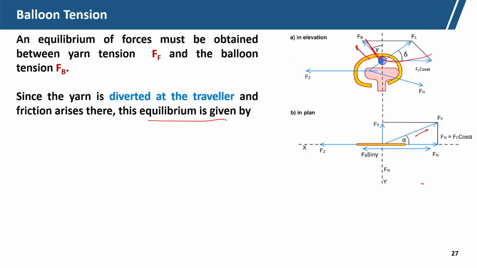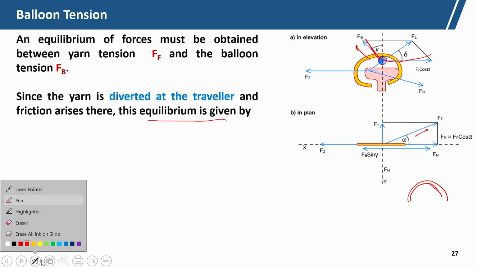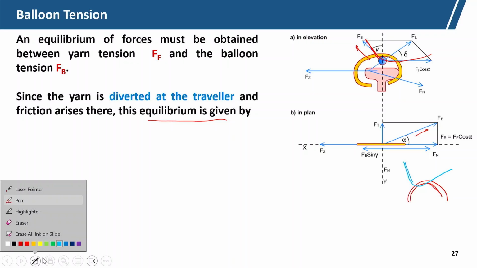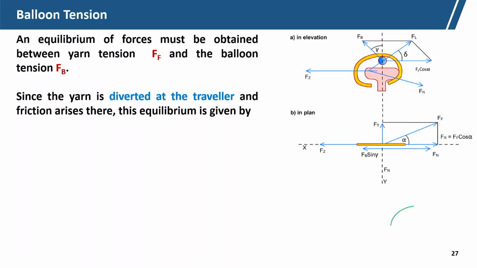Suppose this is a traveler, and this is the yarn. Let me draw it once again.